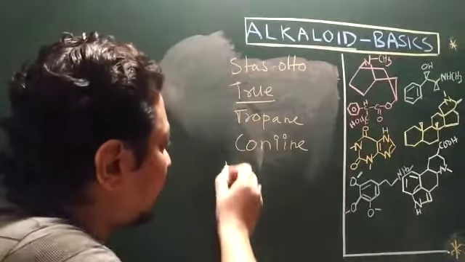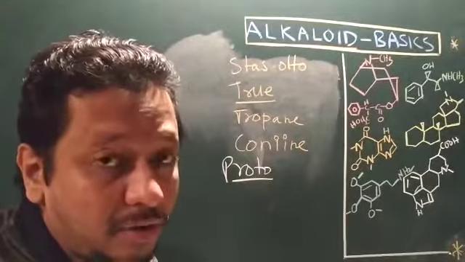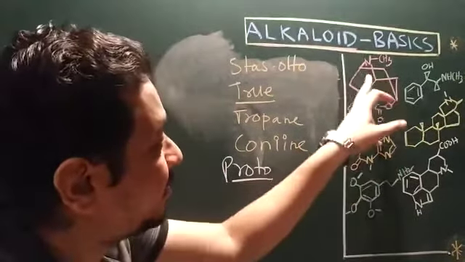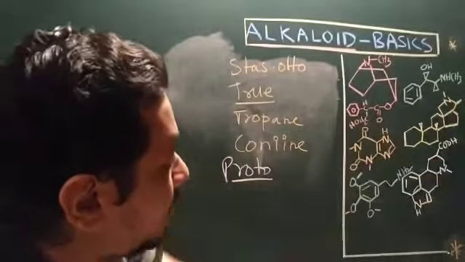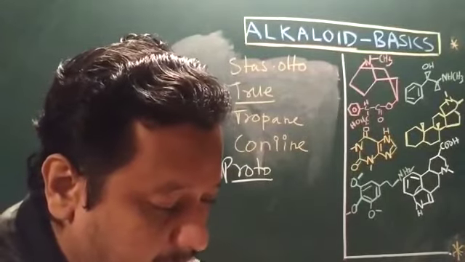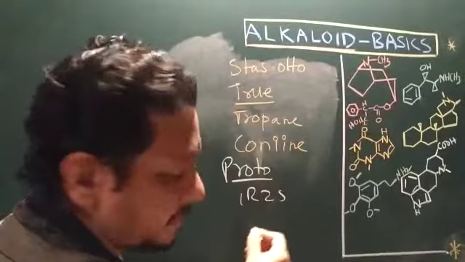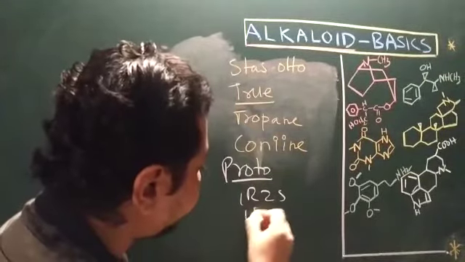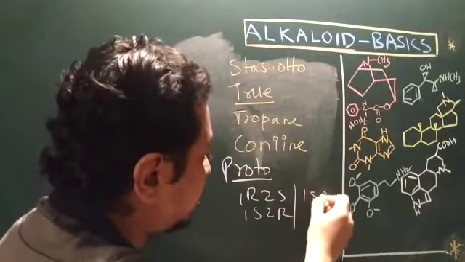Then you have protoalkaloids. In protoalkaloids, the nitrogen is not confined to the ring, it is in the side chain, like I have shown you ephedrine and pseudoephedrine. What is the difference between ephedrine and pseudoephedrine? Ephedrine can be 1R2S or 1S2R, but pseudoephedrine is 1S2S.